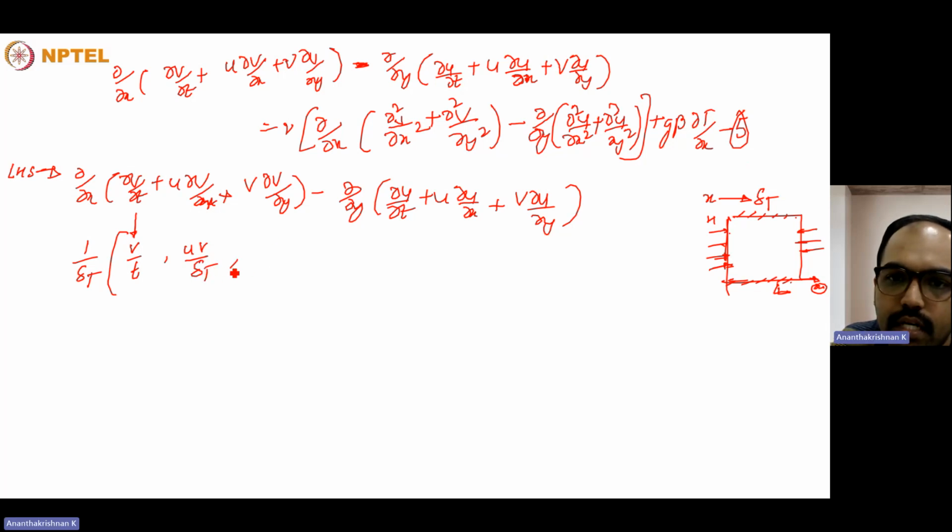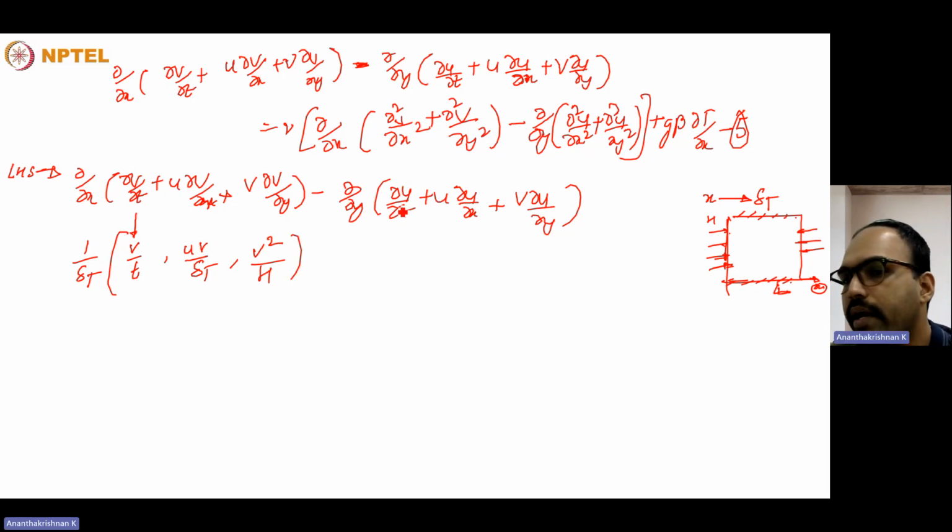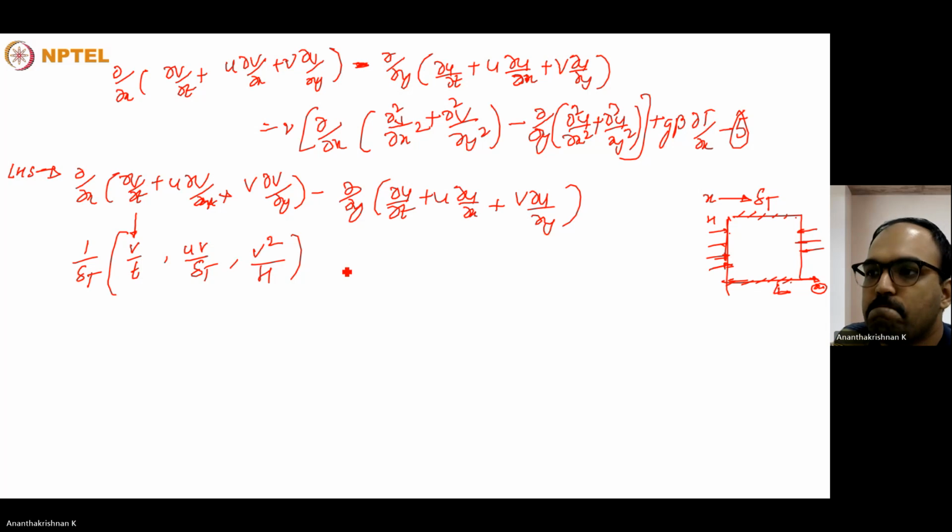And V will be scaled as V, this will be V squared, and Y will be scaled according to H. So it's the height of the plate or the enclosure. We assume that it's infinitely tall.